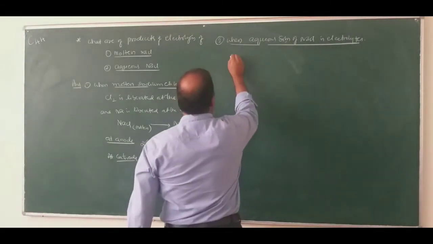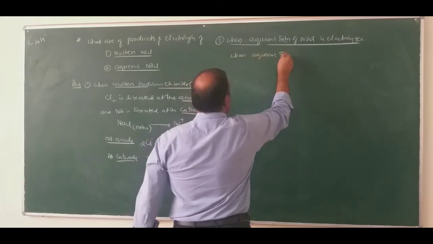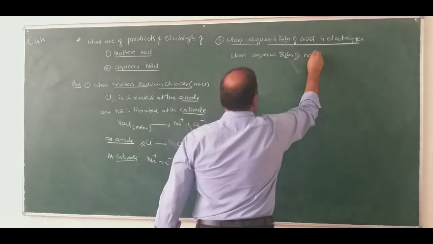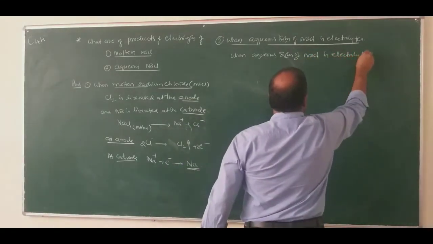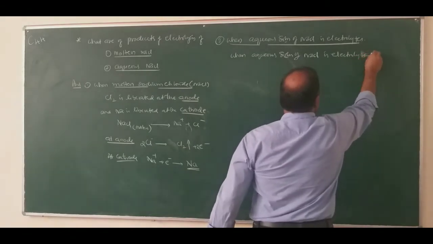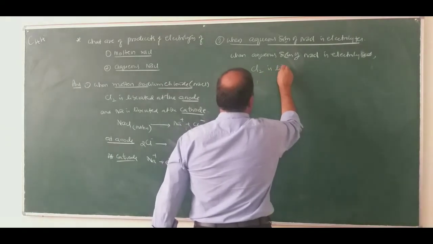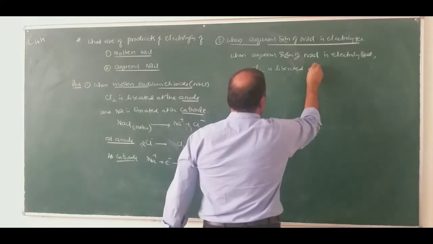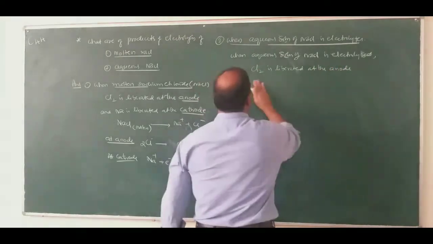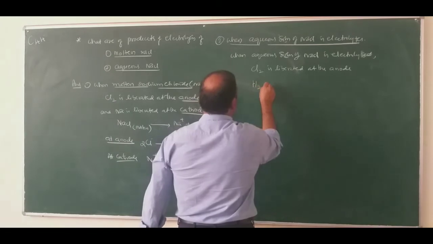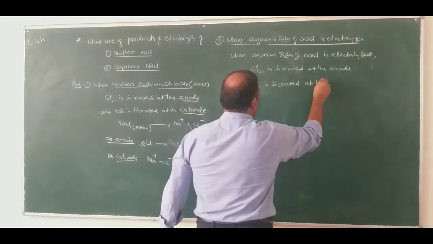So when an aqueous solution of NaCl is electrolyzed, chlorine is liberated at the anode and hydrogen gas is liberated at the cathode.